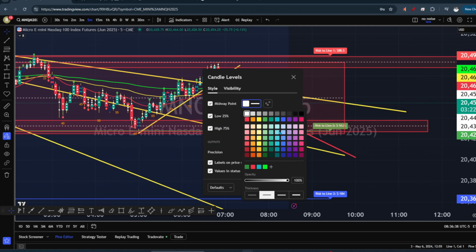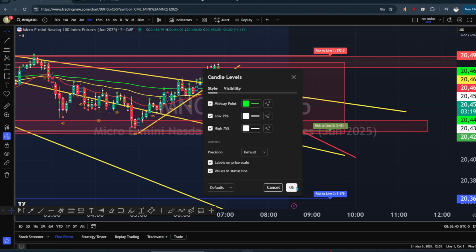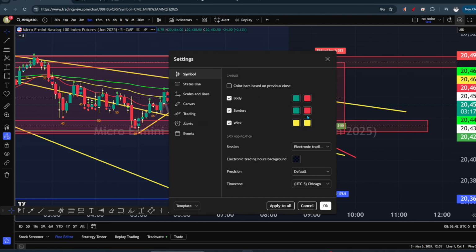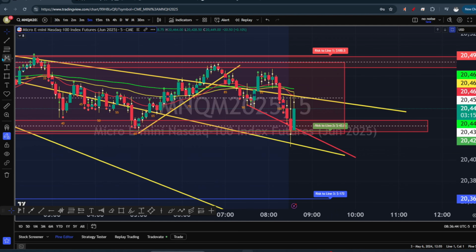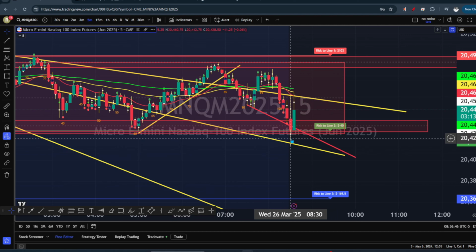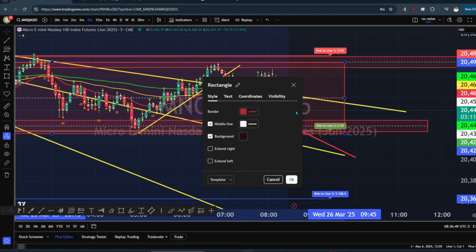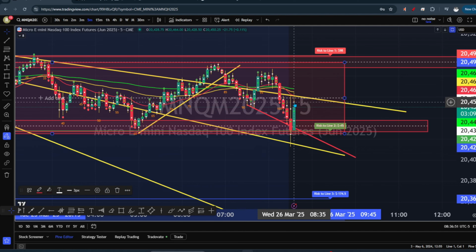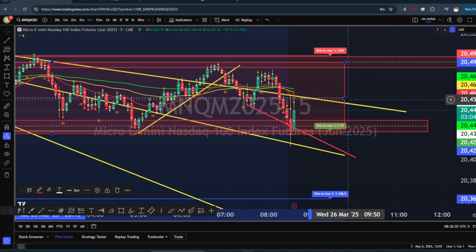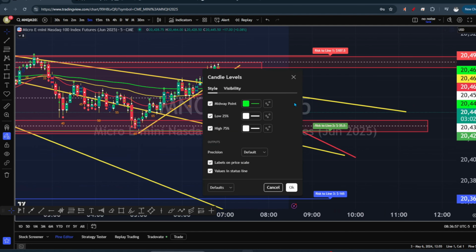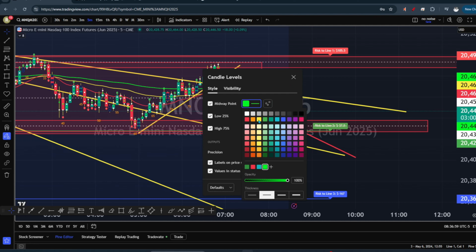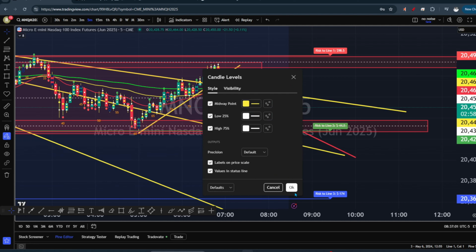Let's make the midway point green so we can see it better. We're not going to be able to see that. Let's make it yellow. Oh, it's making me click rectangles. Let's make it yellow and big.